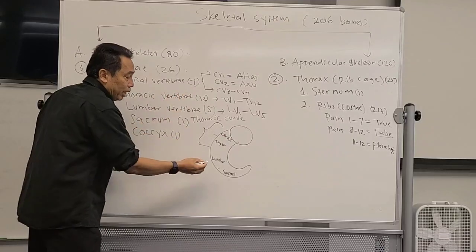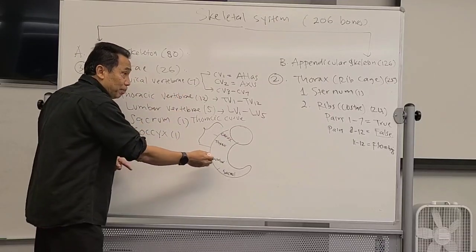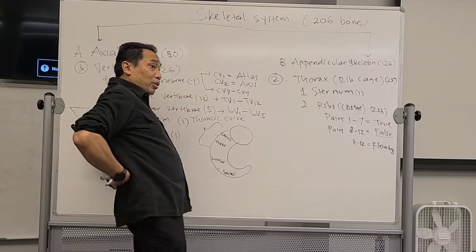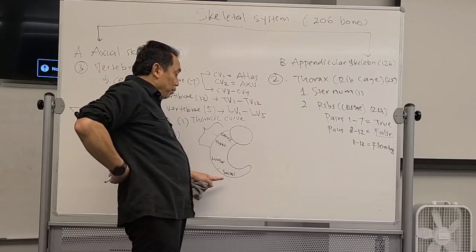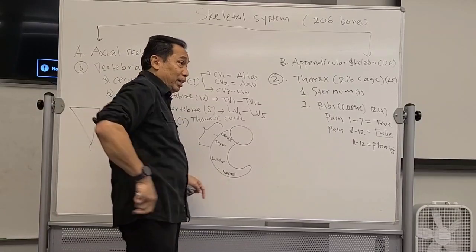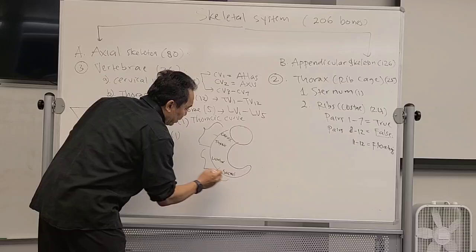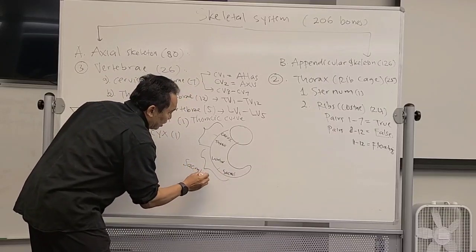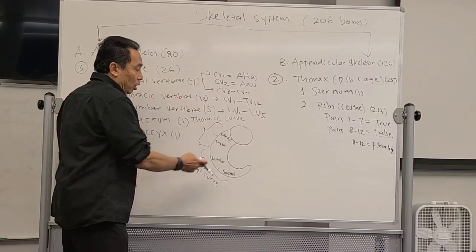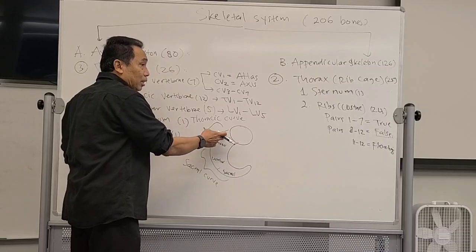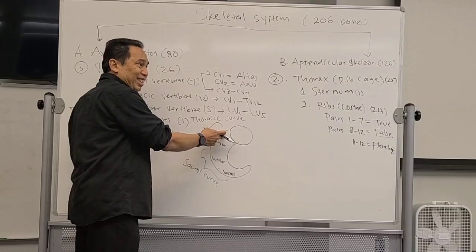Okay? And look at this one. When you are still a baby, your lumbar is also not formed yet. You have the sacral curve over here. Lumbar and cervix are not present yet.